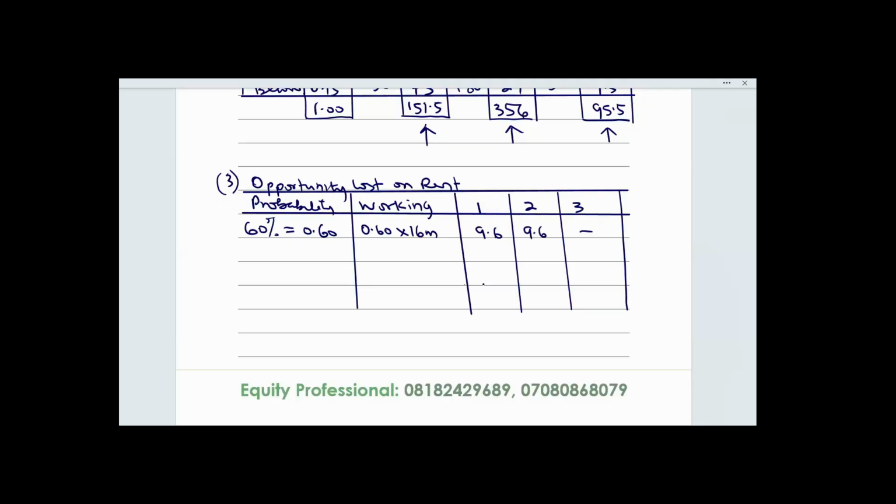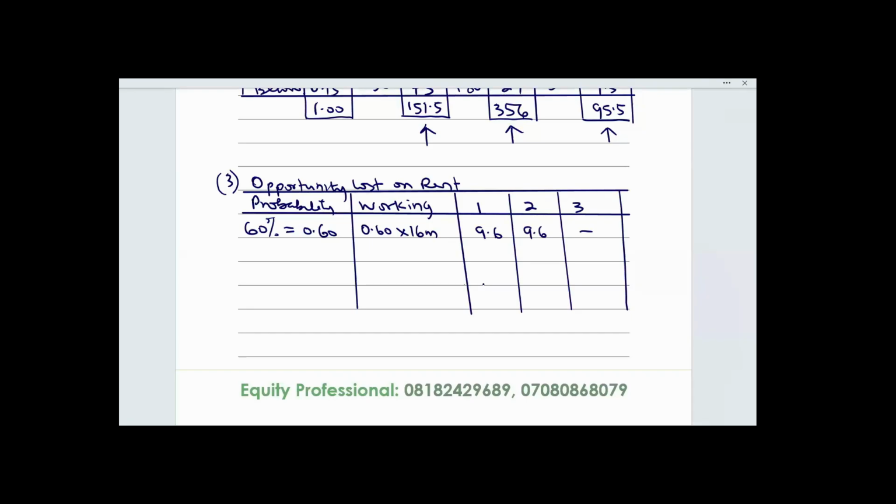Also, you are told that there is a 50% chance of letting it for 1 year at the beginning of year 3. Beginning of year 3 is the same thing as end of year 2, provided it has not been let at the beginning of year 2. So when you had 50% plus 60%, that will give you 110%, which is not correct.